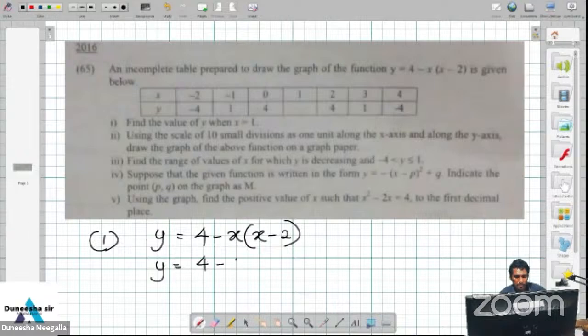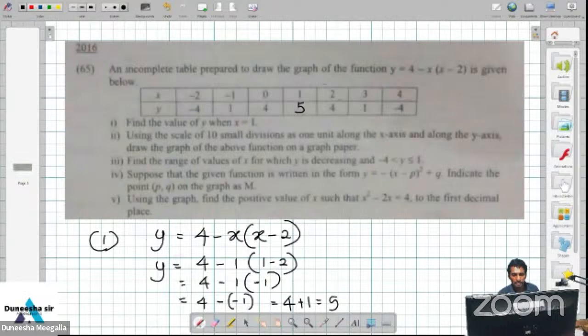When x is minus 1, it is 4 minus minus 1, that is 5, multiplied by minus 1 minus 2, that is minus 3. What is the answer? Minus 1 equal to plus 1, 5. It's 5.